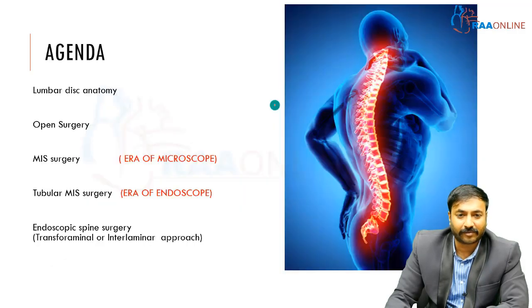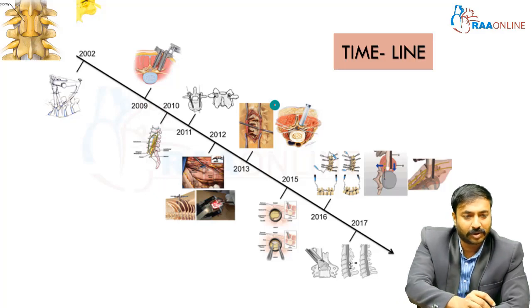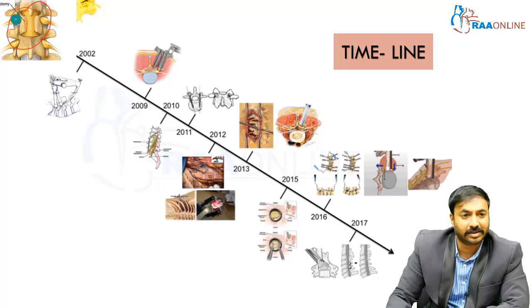So my agenda of talk today is how we evolved over the lumbar disc surgery. I'll be starting with the basics of lumbar disc anatomy, followed by open procedures, followed by minimally invasive spine surgery, how it has evolved slowly over generations. This I have taken from a neurosurgical journal, where you can clearly see that before 2000 we had only one way of accessing the disc.